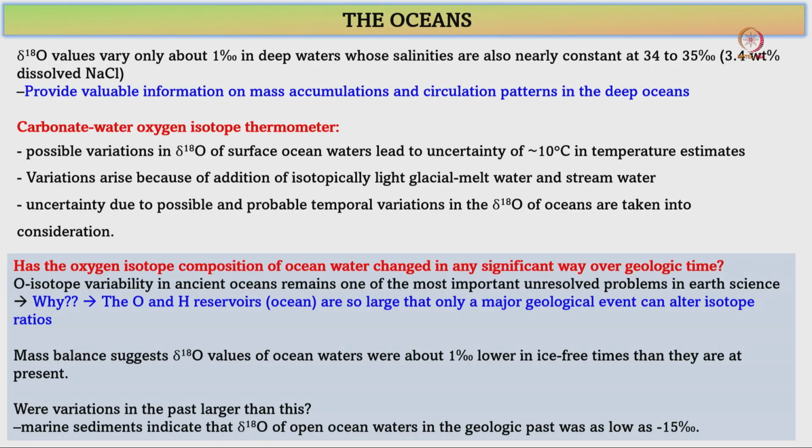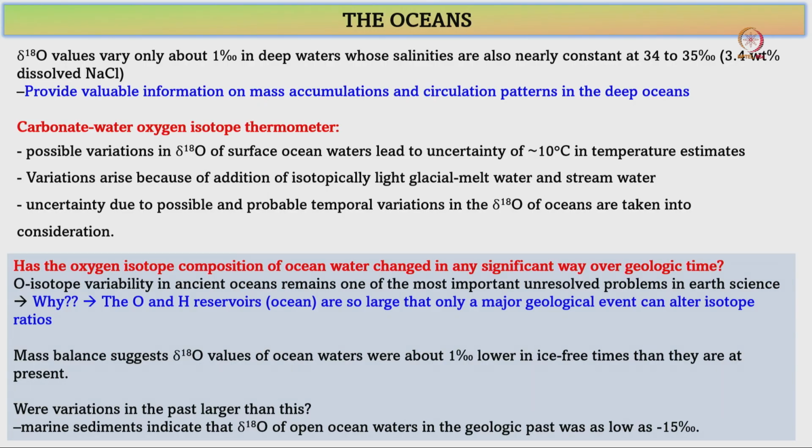But our data from certain marine sediments, from certain other sources, has shown us that in the geological past we could have had values as negative as minus 15 parts per mil.